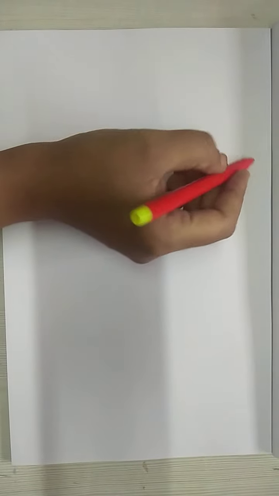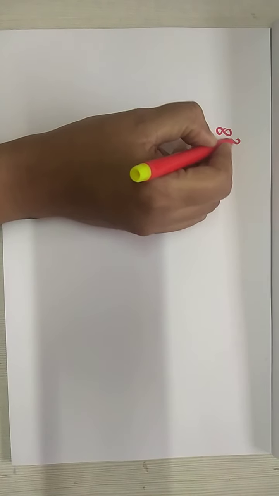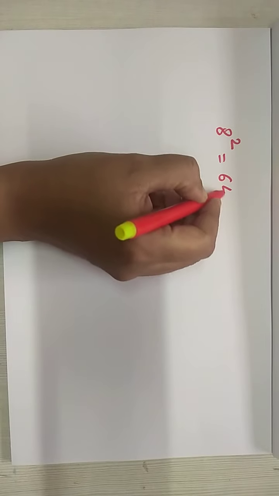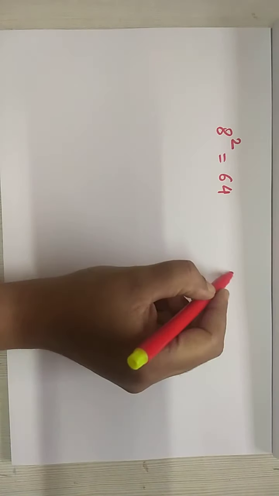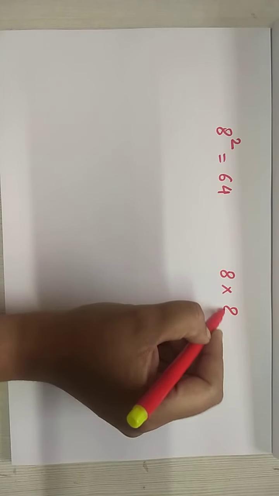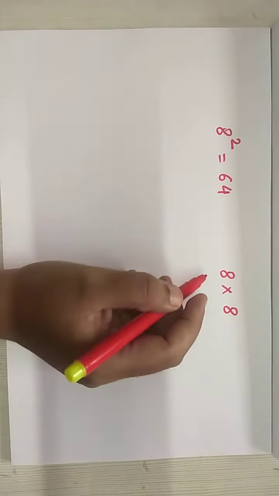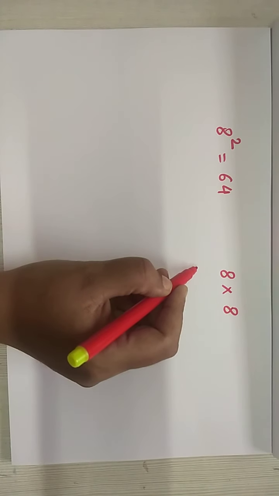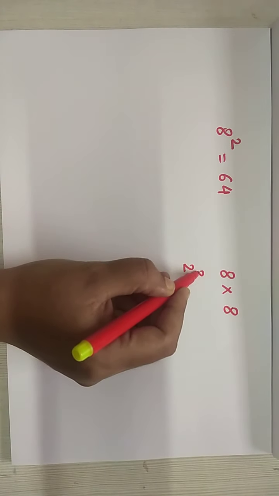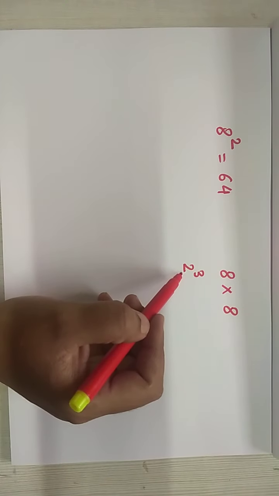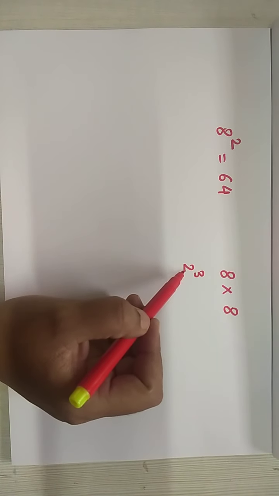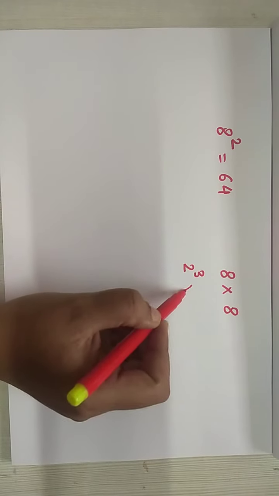Let's take an example. We know that 8 square is 64. 8 square means 8 eights. But how do we write 8? We write 8 as 2 cube. 8 is 2 cube. 2 into 2 into 2 is 8.